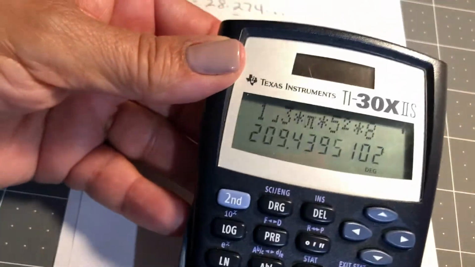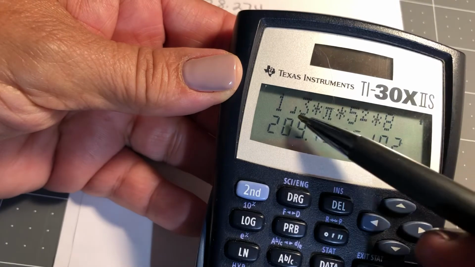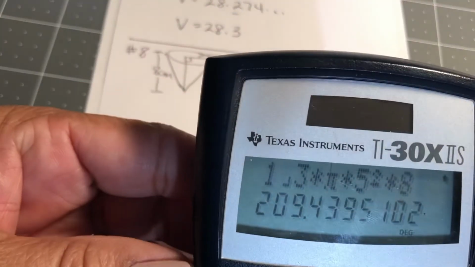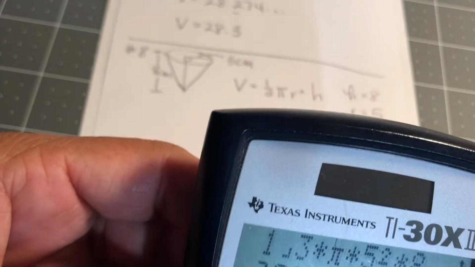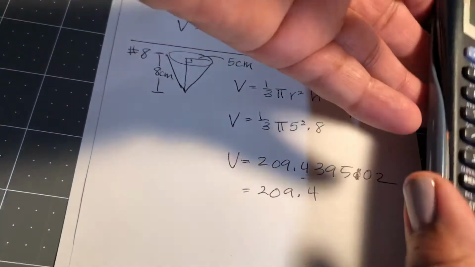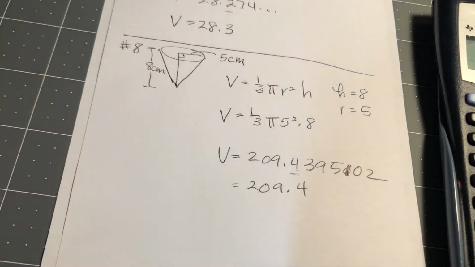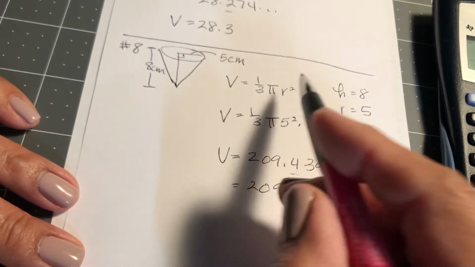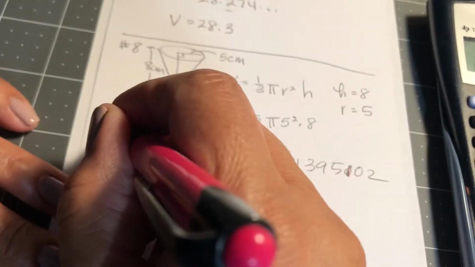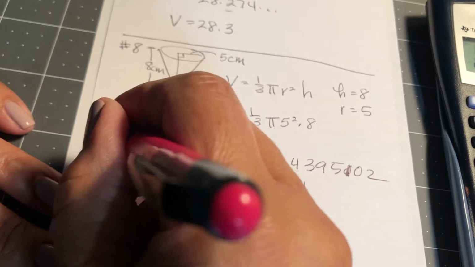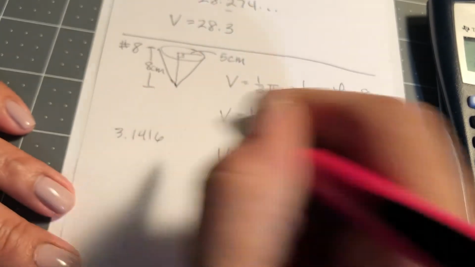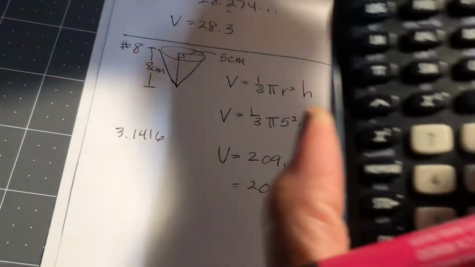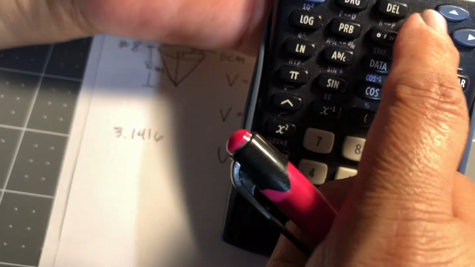But this is what my calculator says, and you can see the numbers that we put in here. So that works out. Okay. The only thing I can think of is maybe for pi, they might want you to use 3.1416. We can try that, or just 3.14 and see if that makes a difference.